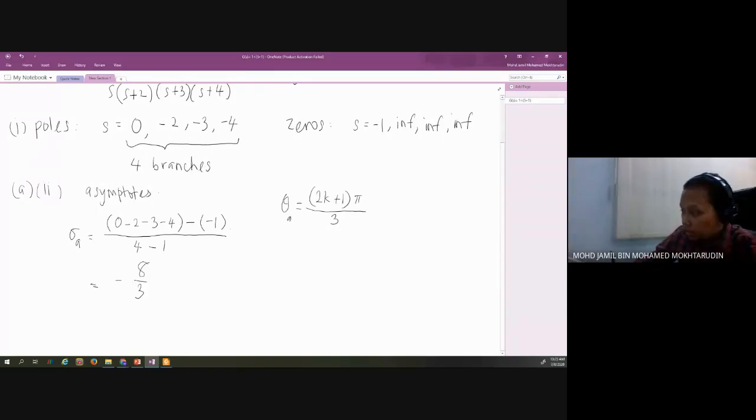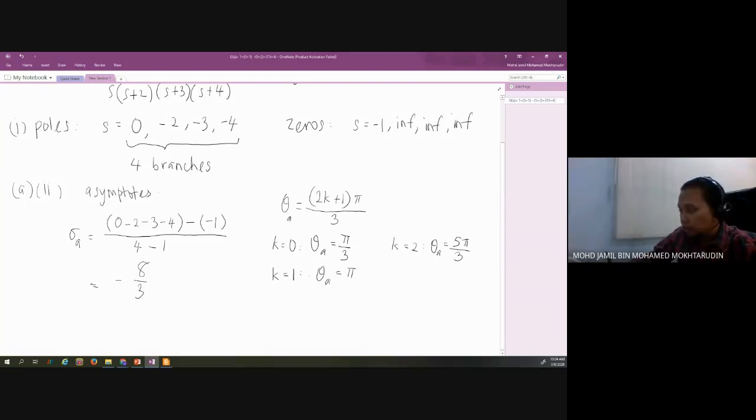So with k equals 0, theta A equals pi over 3. This is the first angle. Second angle, when k equals 1, theta A equals pi. And then k equals 2, theta A equals 5 pi over 3.